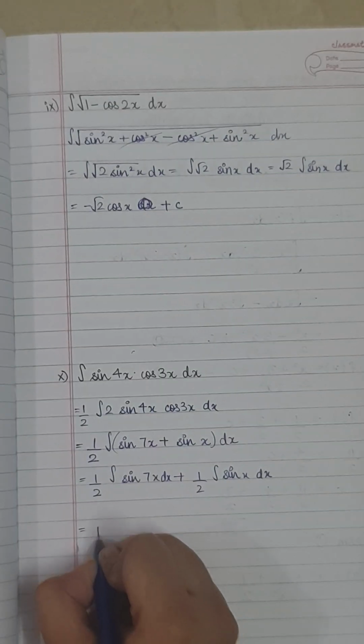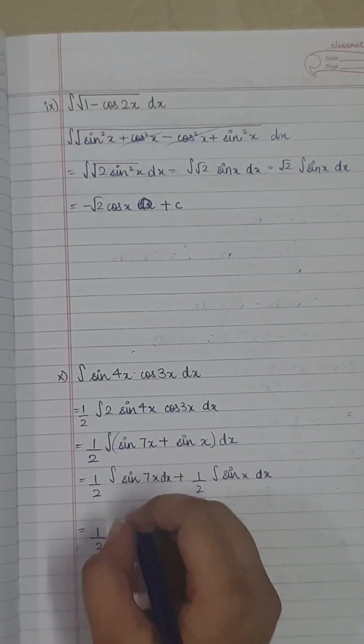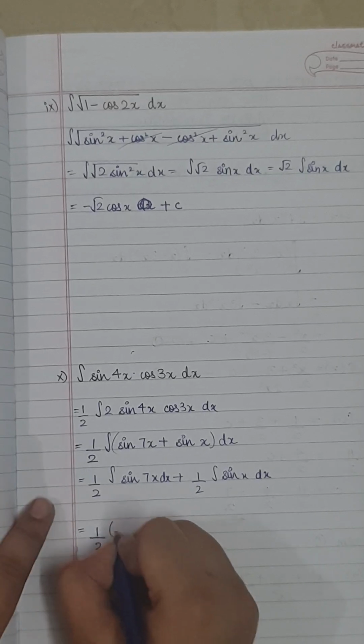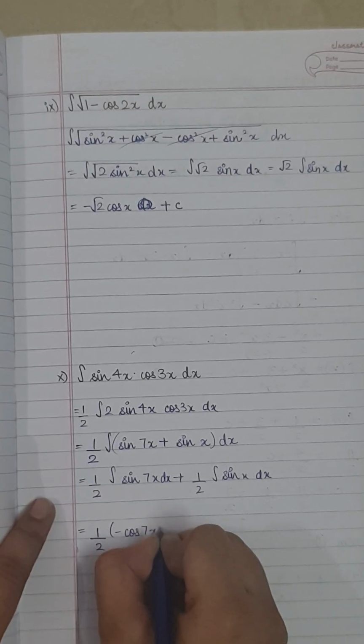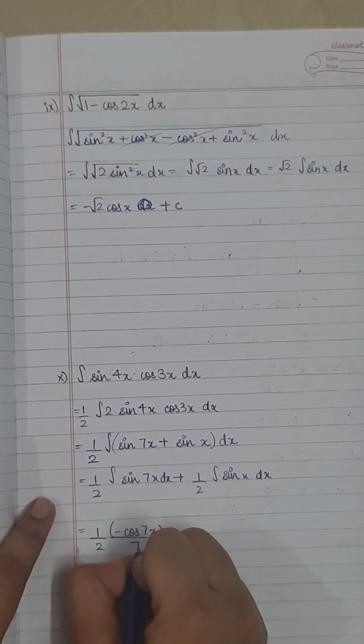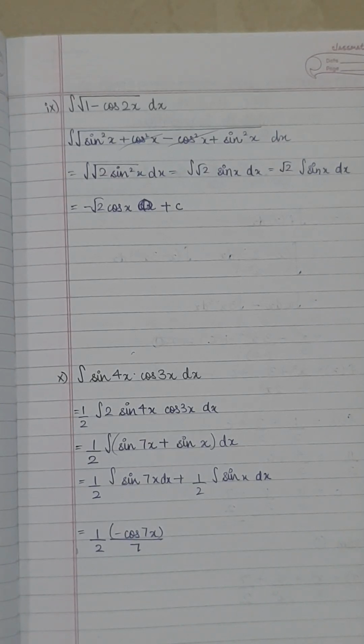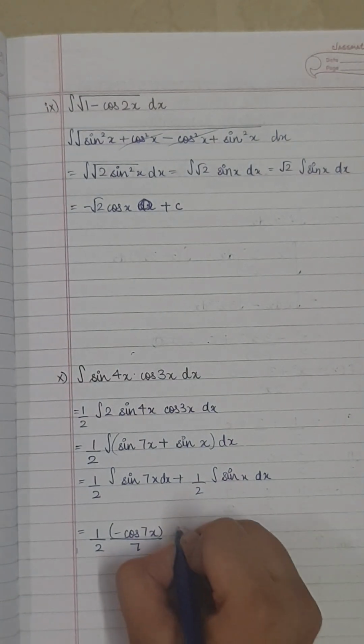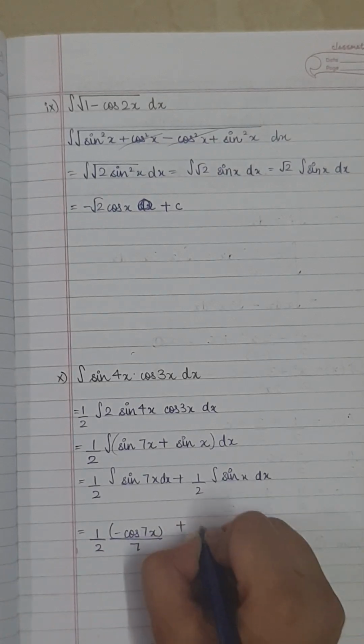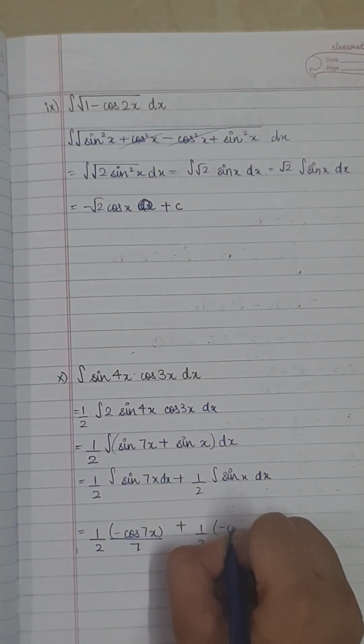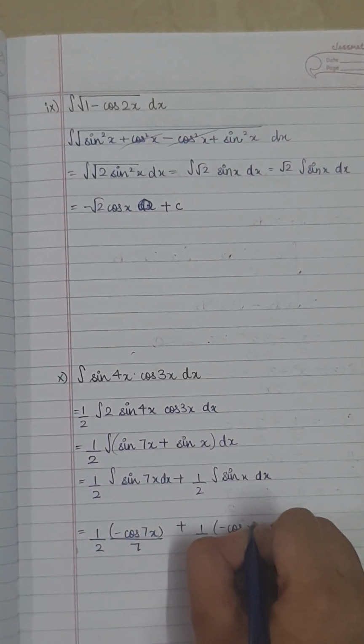Equals 1 by 2, integration of sine 7x is minus cos 7x upon 7. So sine ax will be integrated as minus cos ax upon a, plus half, and sine x can directly be minus cos x.